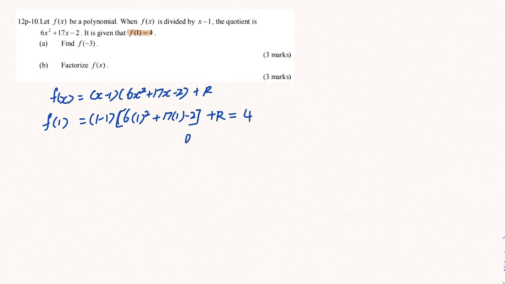So we are left with 0 plus r equals 4, and this 0 has no meaning. So r is 4. The remainder is 4. So if we write the whole thing again, we can just replace that with 4.